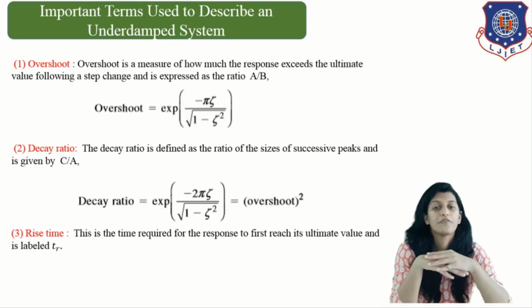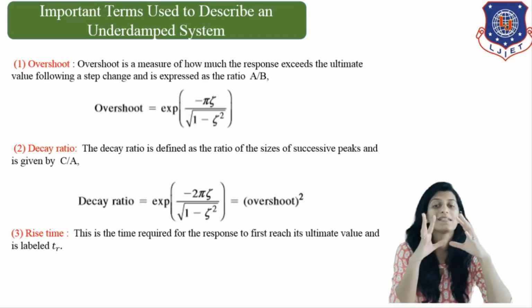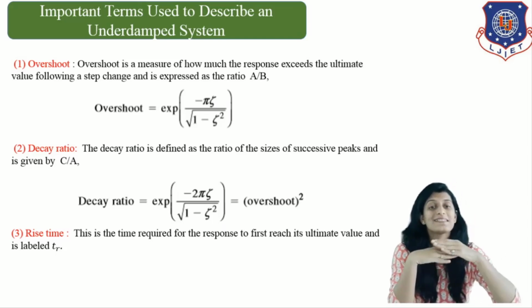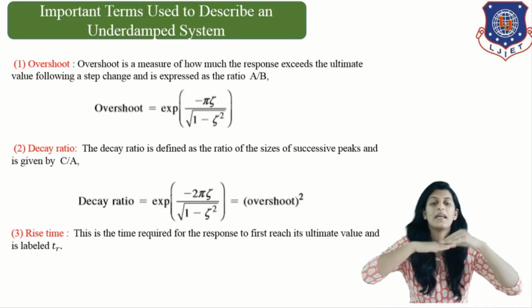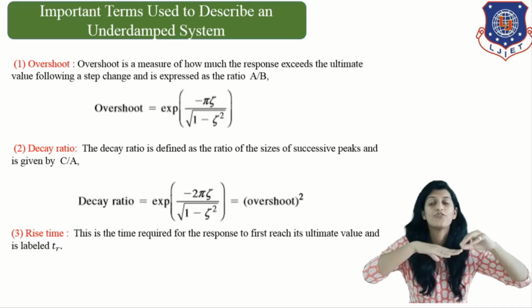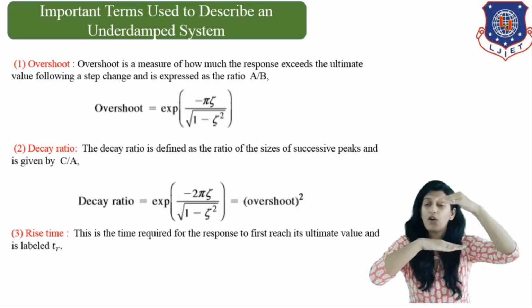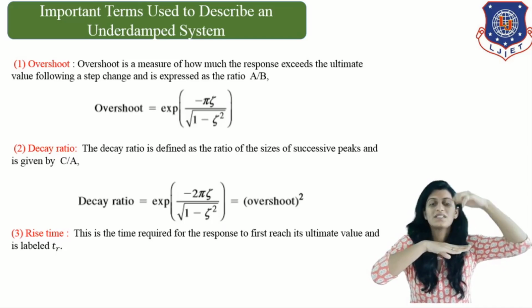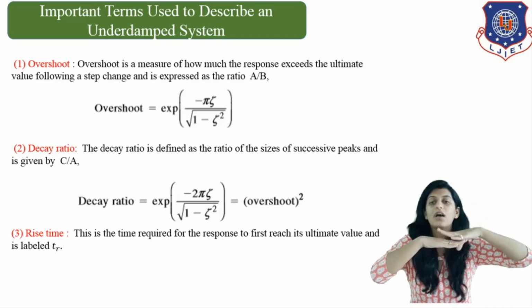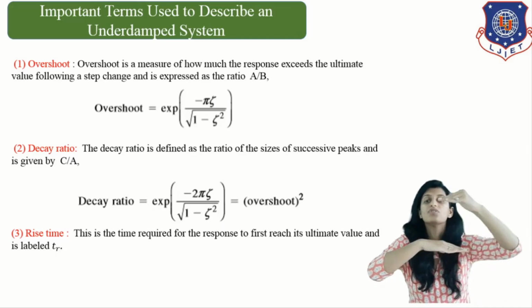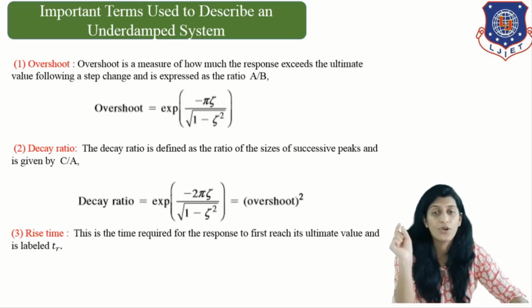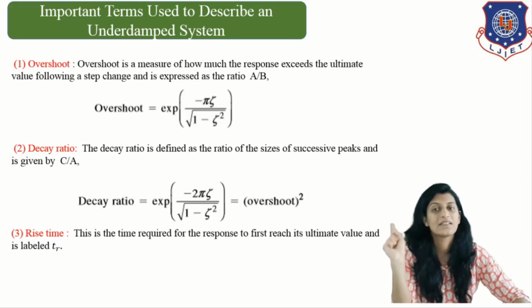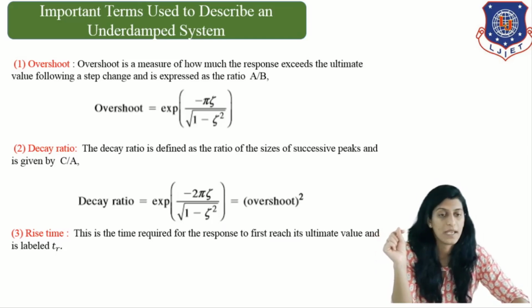Suppose this is our desired value and my system is giving me the output of this much. This difference between the desired value and the output given by the system is the overshoot, and in this graph it is represented as the ratio of A by B.